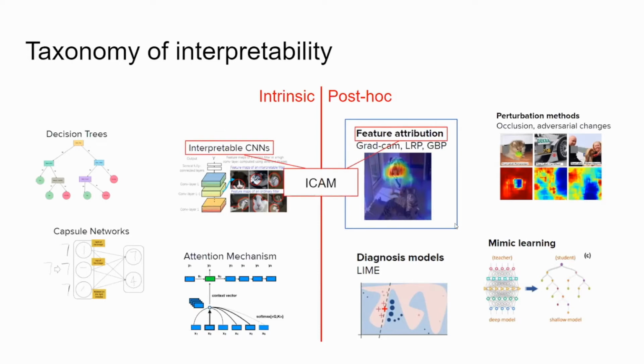So ICAM lies between intrinsic and feature attribution. It's an intrinsic model using a VAE, which learns to generate feature attribution maps to capture differences between classes. The use of a VAE encourages the network to learn more about the data and therefore have more salient features.